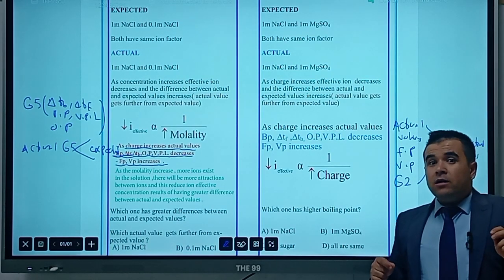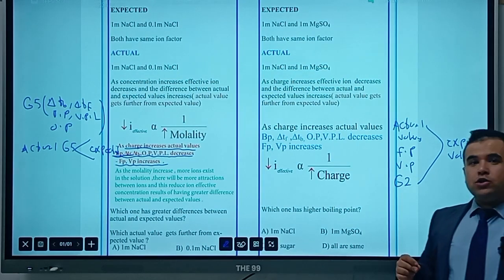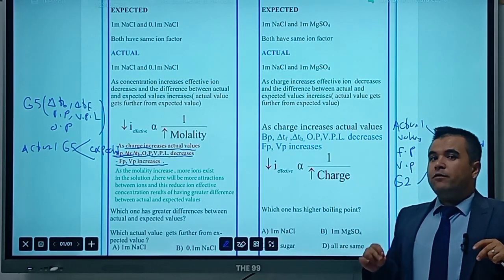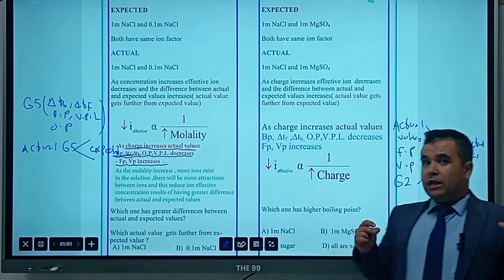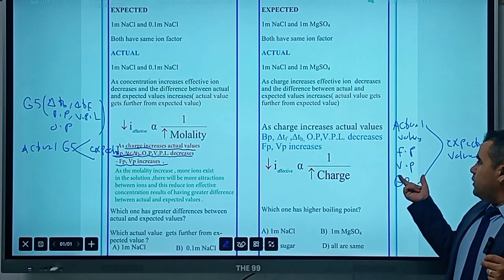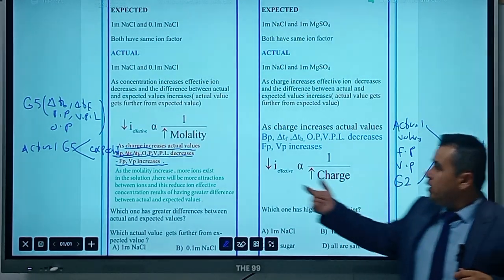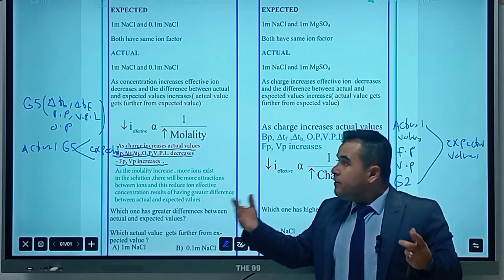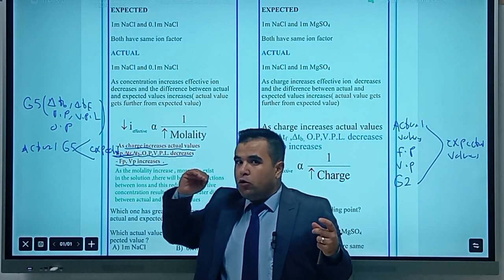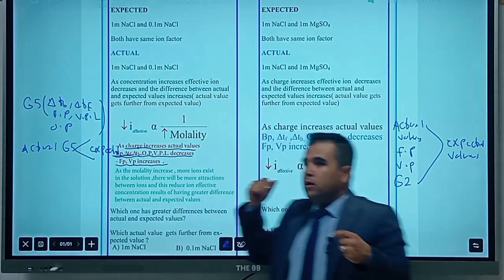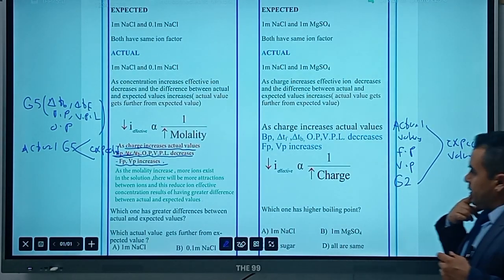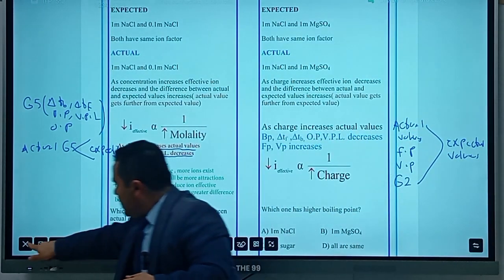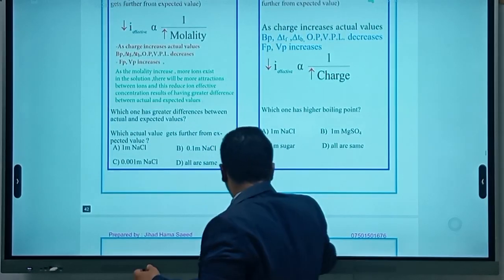So whenever there are questions, you have to be focused about whether the question is about the colligative properties, the values of the G2 or the values of the G5. If it's about G5, they have a lower actual value than the expected. If it's about G2, they have a higher actual than the expected. Let us answer this question, guys.